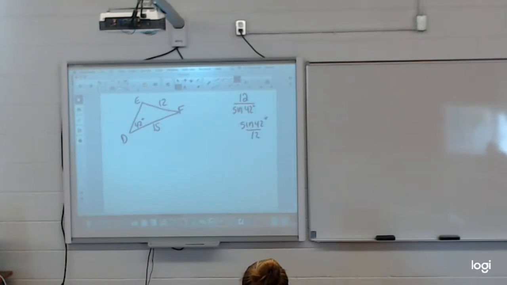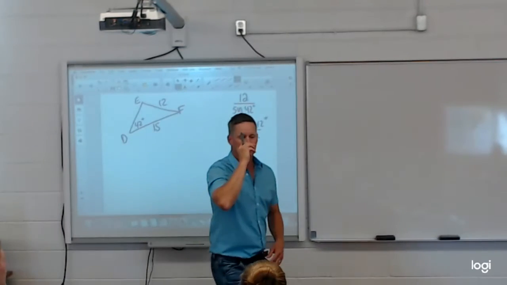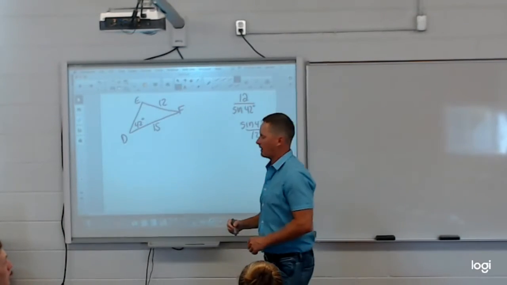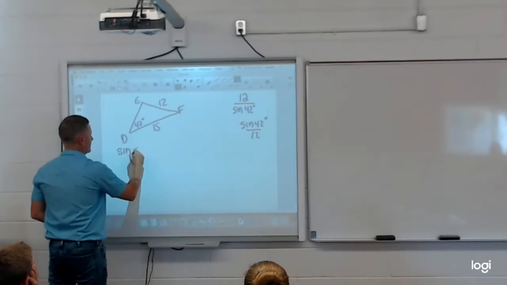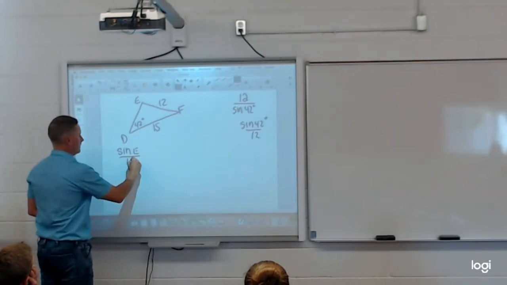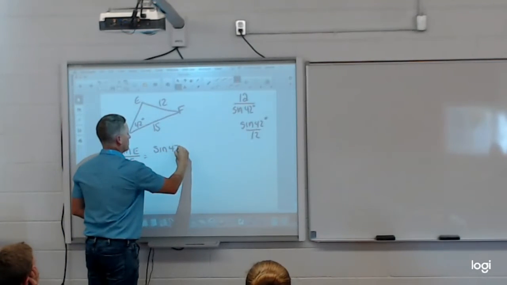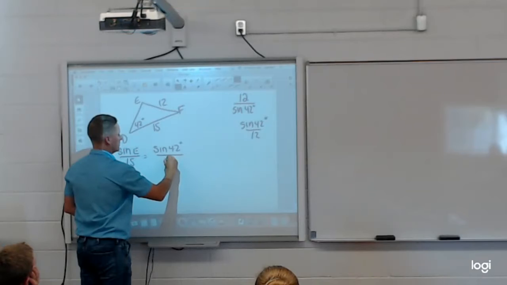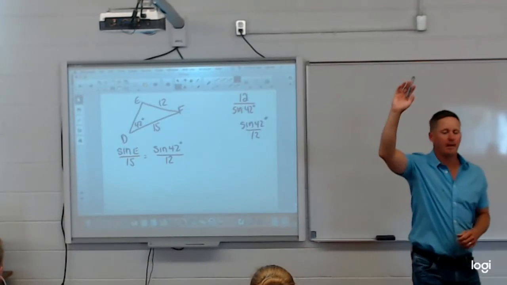Okay, sorry. All right, so I walked around the room and the majority of you got off to a good start. The majority of you had this: sine E over 15 equals sine 42 over 12. How many of us got that as our first step?